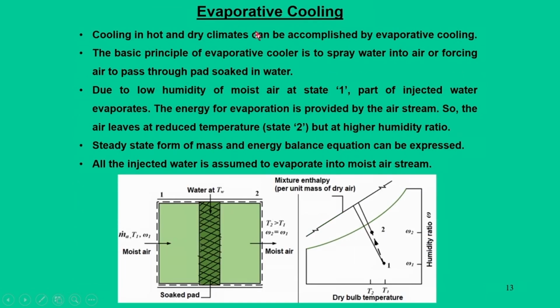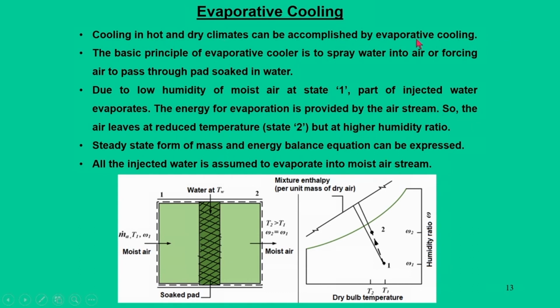Now, another important aspect is evaporative cooling. This is similar to adiabatic saturation processes. Where do we require this evaporative cooling? Cooling in hot and dry climates can be accomplished by evaporative cooling. Normally, evaporative cooling gives better results when we have a very hot and dry climate.